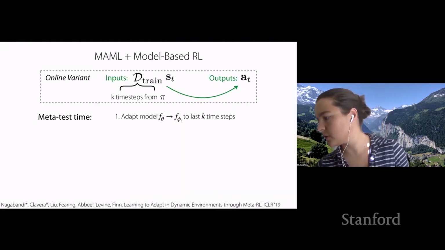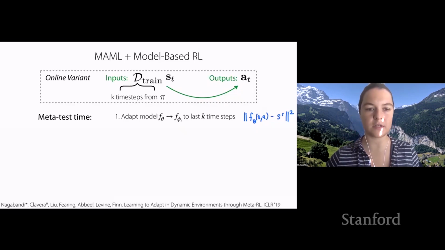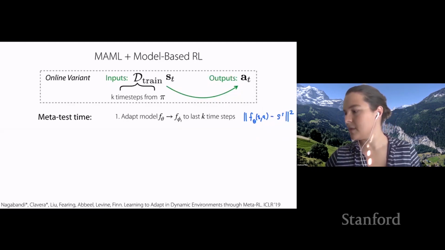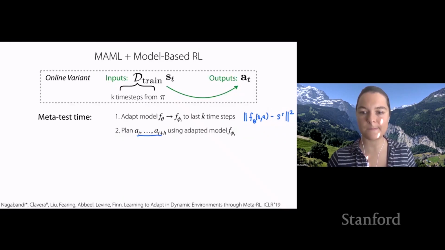This will be with regard to the error of f of S, A minus the true next state. So we're basically going to be running gradient descent on this objective to update our model. Then once we compute our updated model for that current time step, we plan a sequence of actions using our adapted model.